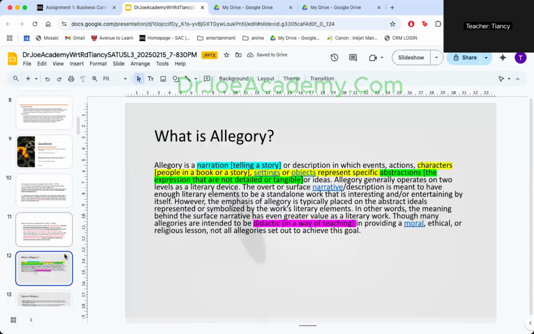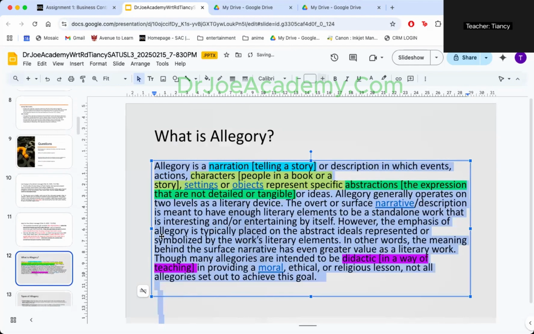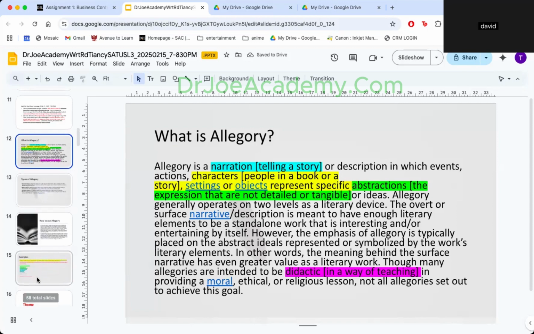We're gonna learn about allegory. David, can you read this for us? Allegory is a narration or description in which events, actions, characters, people in a book or story, settings, or objects represent specific abstractions, expressions that are not detailed or tangible.